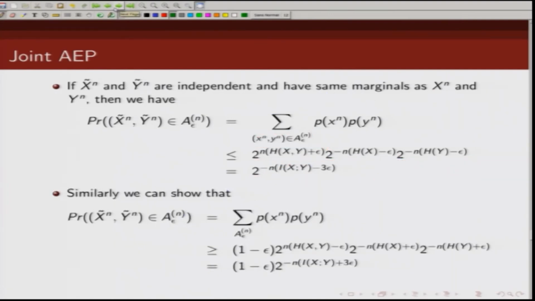We can similarly also get a lower bound on the probability that x^n tilde and y^n tilde belong to a jointly typical set.